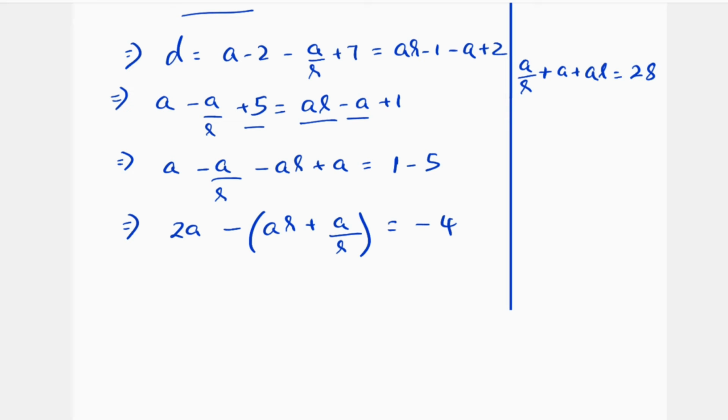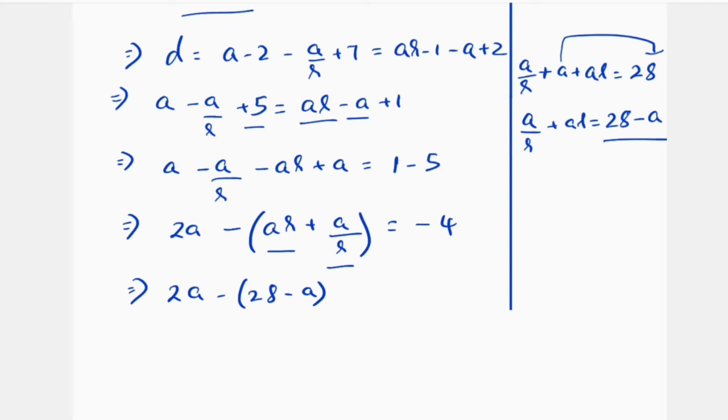Now, look here, if I take ar plus a by r, only these two terms, then it would give me 28 minus a. I'm doing nothing but taking this a to the right hand side. So I can substitute this over here. A divided by r plus ar gives me nothing but 28 minus a. So 2a minus of 28 minus a yields me minus 4.